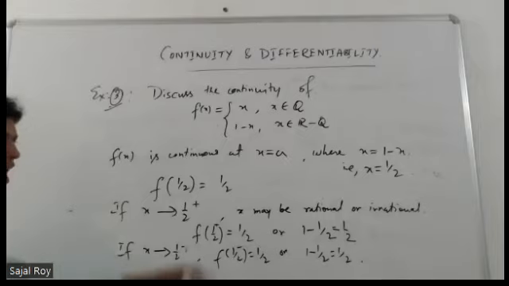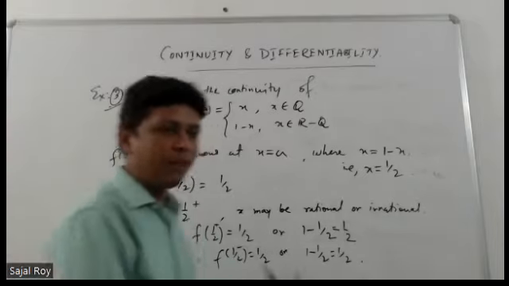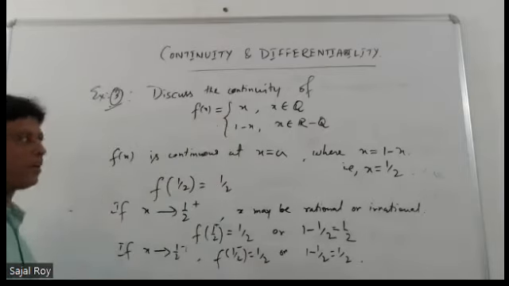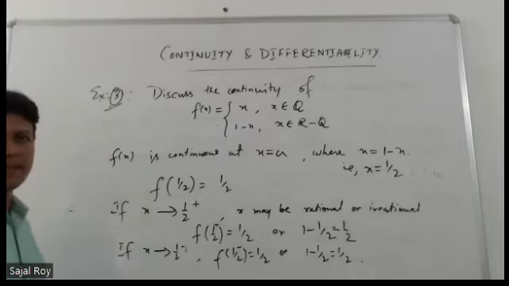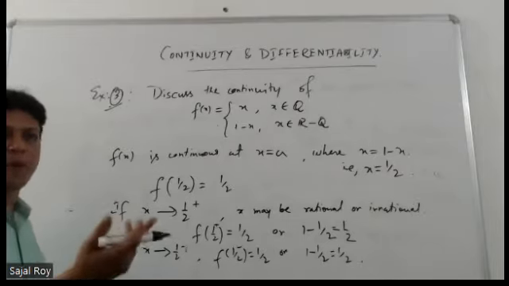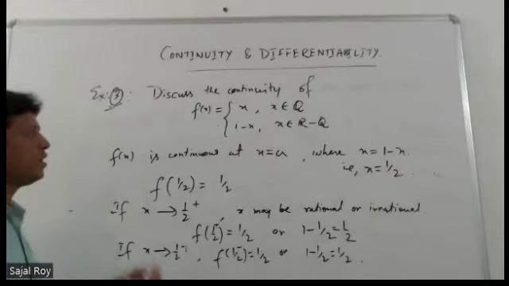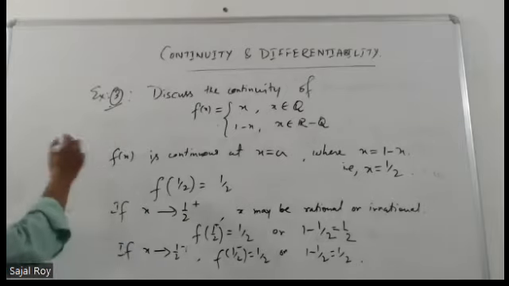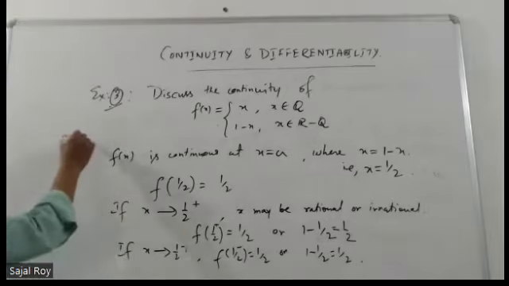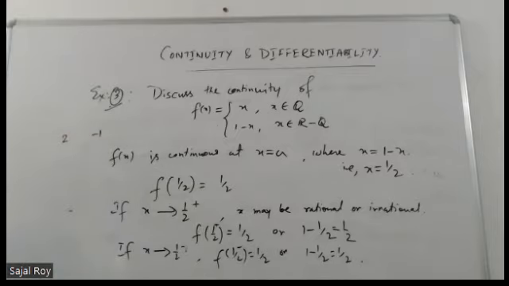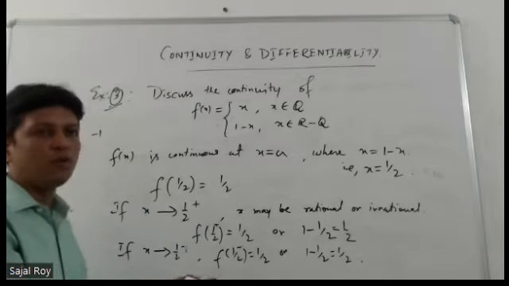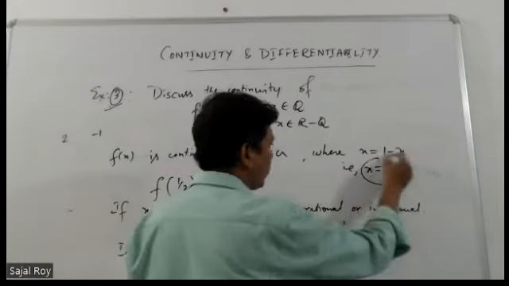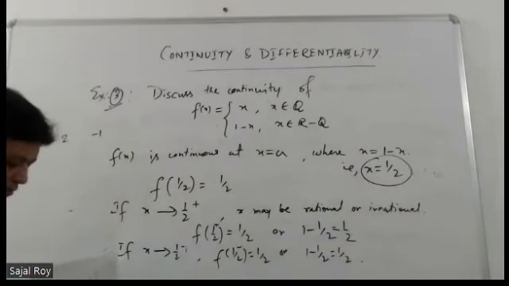Half is the continuous point, the common point and the only point where the function is continuous. At other points it will oscillate. If you take 2, the value is either 2 or minus 1. So it oscillates. So half is the only value where it is continuous. So it is continuous at x equal to half. Am I clear, everyone?